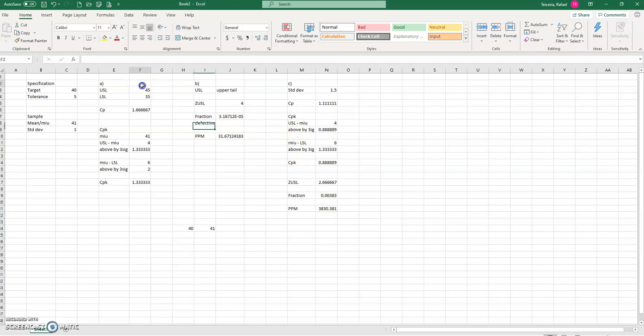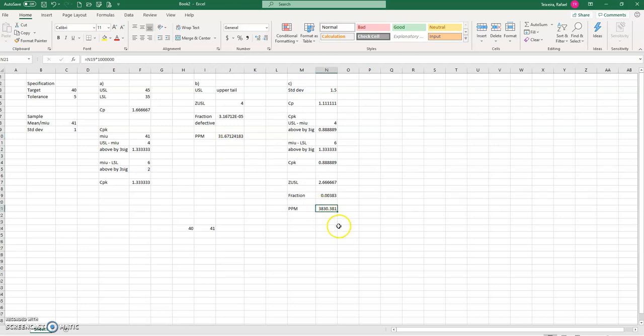Remember that for the first two parts, the standard deviation is 1 and not 1.5. A smaller standard deviation means that the boxes vary less, so the defective parts per million is way smaller than this one. Look, this one is 31 defective boxes per 1 million boxes.